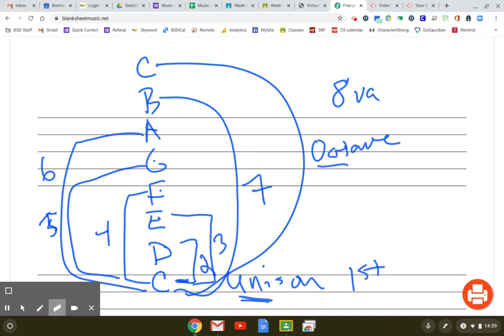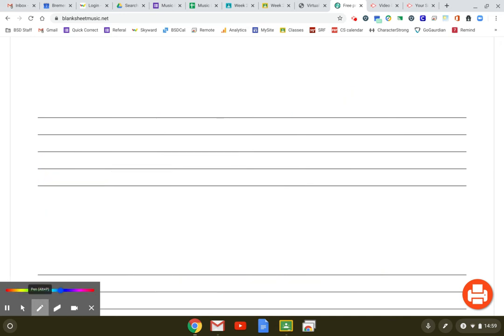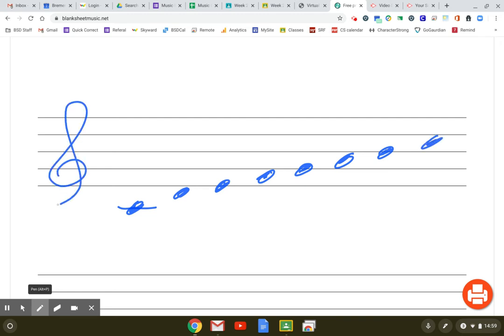Now let's look at what those intervals look like on a staff. So if I took that same scale and wrote it out in the traditional way, C, D, E, F, G, A, B, C, we'll assume that this is in treble clef. Now I can see in this scale, these two notes are a second apart.